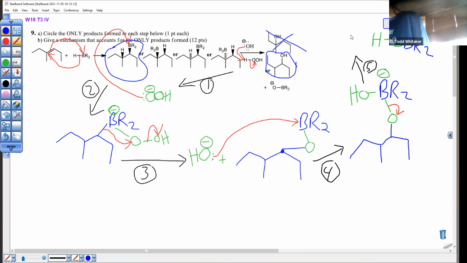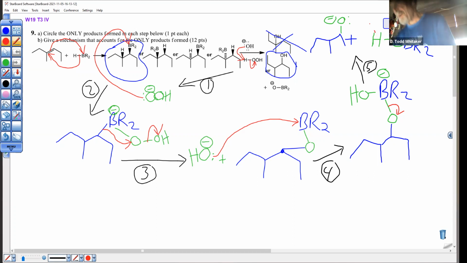R2. And the conjugate base of your circled organic product is the other species here. And what do we got? We got that. We got an O minus right there. Acid base makes that.